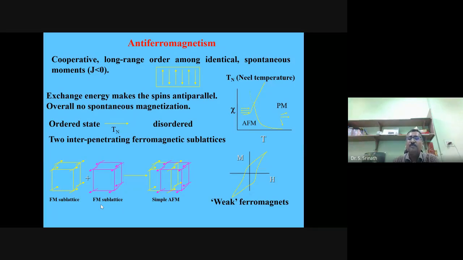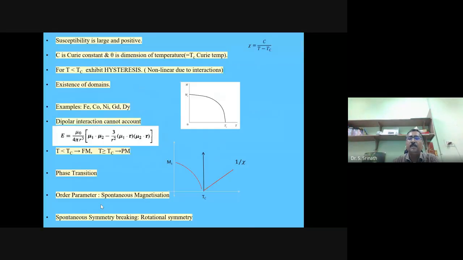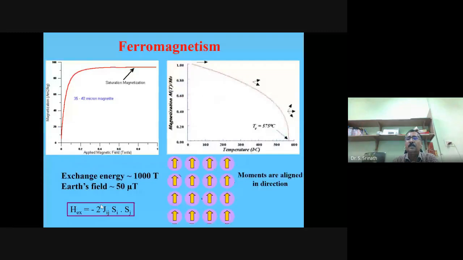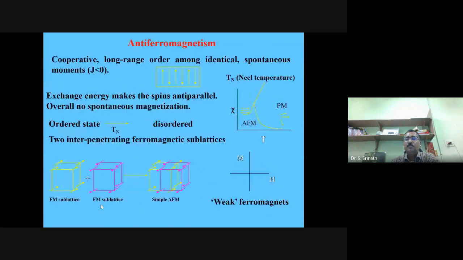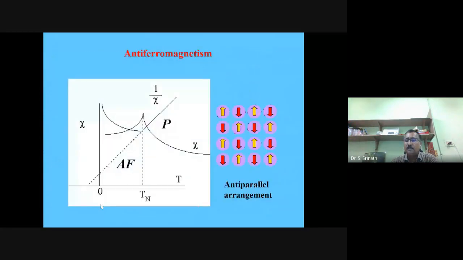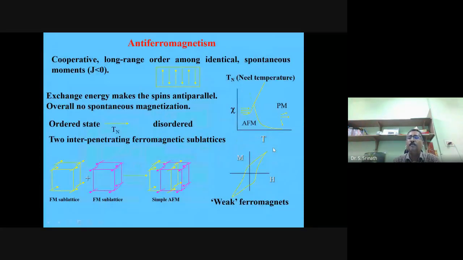Unlike ferromagnets, if you have seen the ferromagnet curve I showed earlier, it gets saturated very easily. But in this case, it becomes very difficult. Okay, so your learning potential should be like an antiferromagnet. Okay, at least in my class. So you need to really apply a large field. They don't get saturated very easily.